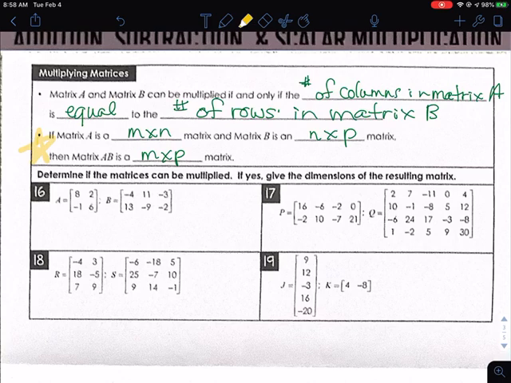Because all we're going to do in 16 through 19 is figure out, can they be multiplied? And if so, what will the dimensions of your answer be?